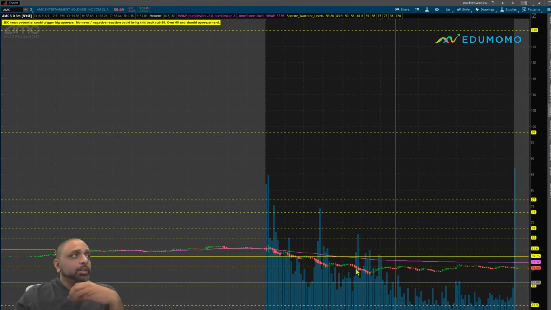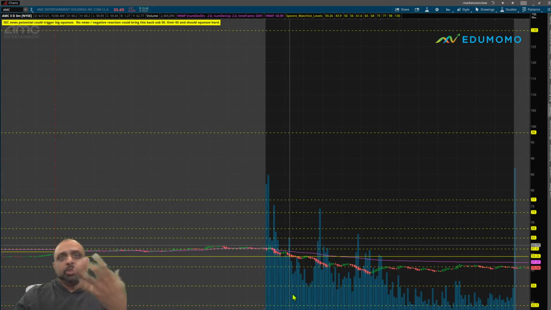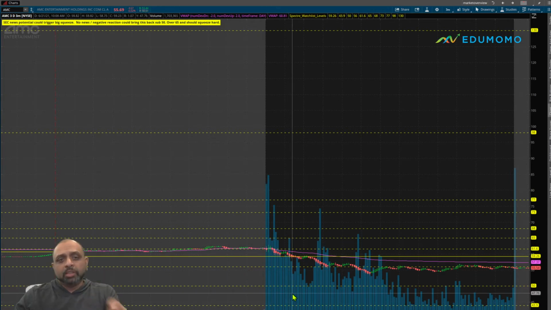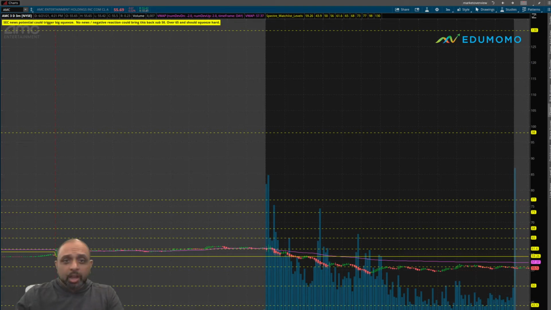So that's how I use the levels for the ideas, but you have to have an idea of what you think the ticker is going to do. Once you have that idea, you can use the levels to be your guide. And then let's see about the option flow on AMC this morning.